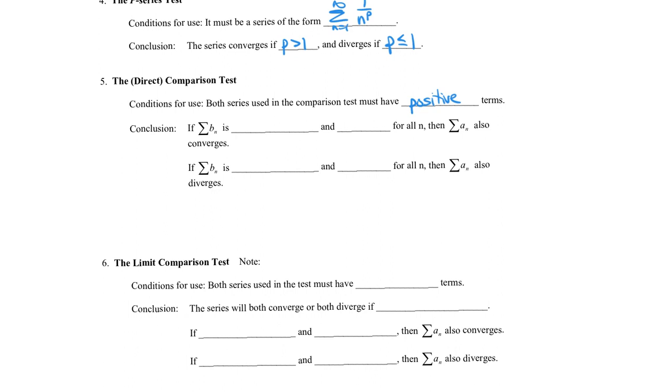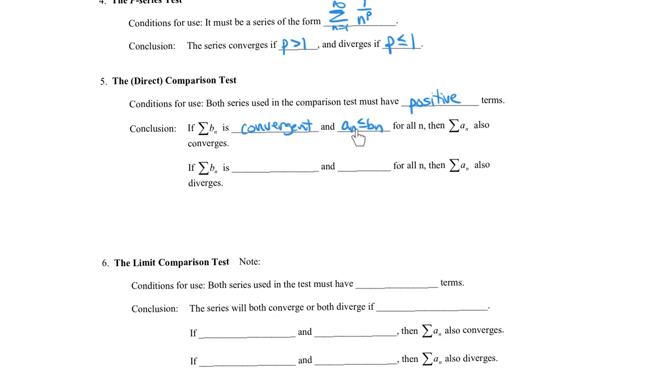The conclusion is, if this b sub n series is convergent and a sub n is less than or equal to b sub n for all n, then a sub n also converges. So think of it like this. This series converges, right? B sub n converges, so it adds up to a finite number.